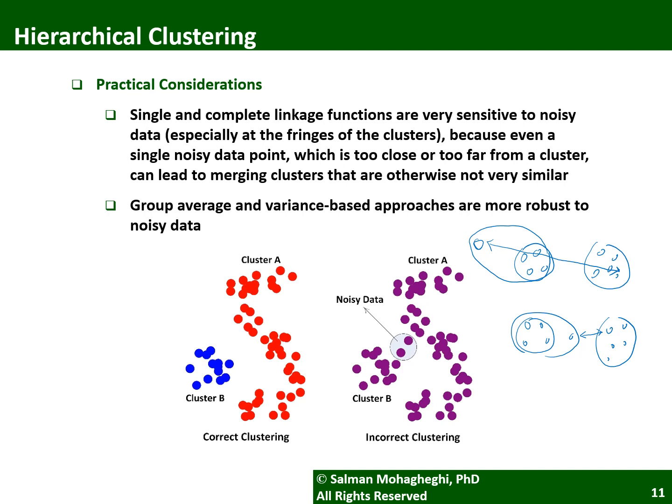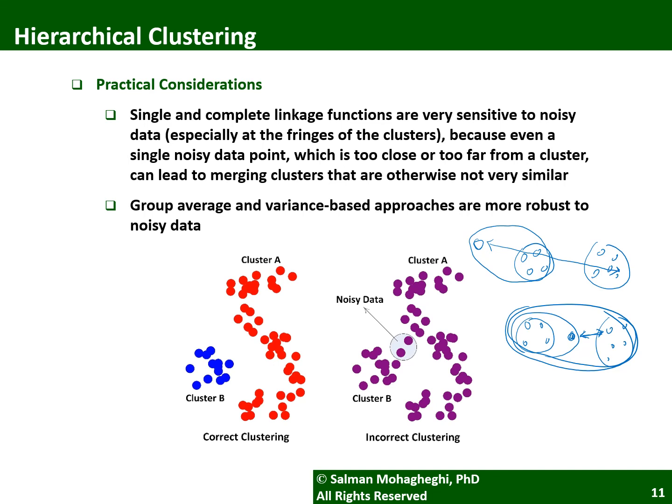If you have noisy data, especially noisy data that are on the margins, this might actually lead to incorrect merging of clusters. Because imagine this case, if I have noisy data here, hierarchical clustering using single linkage will notice that the distance between the two clusters is pretty short, and it might actually combine them together, which may or may not be true.